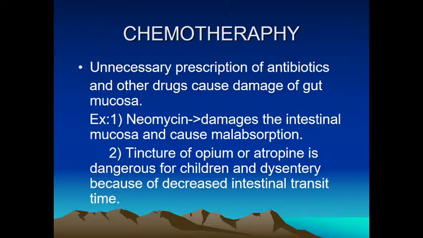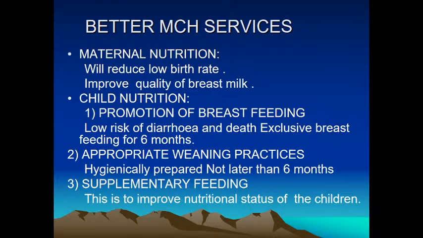Neomycin damages the intestinal mucosa and causes malabsorption. All the opioids which we give for decreasing the colic can be dangerous for children and in dysentery because of decreased intestinal transit time. Maternal nutrition is very important, and child nutrition, as it will decrease low birth weight, and the mother will give enough milk. Weaning practices are very important to check.